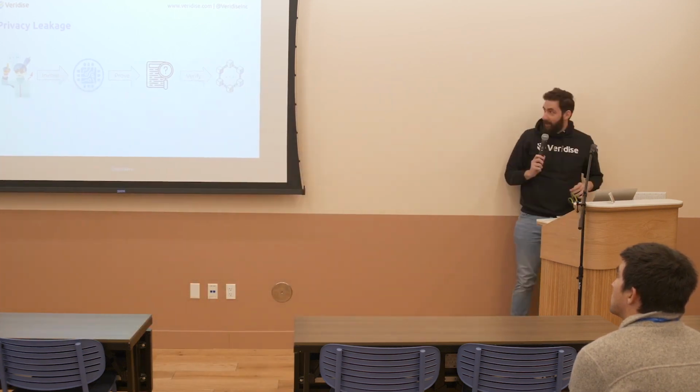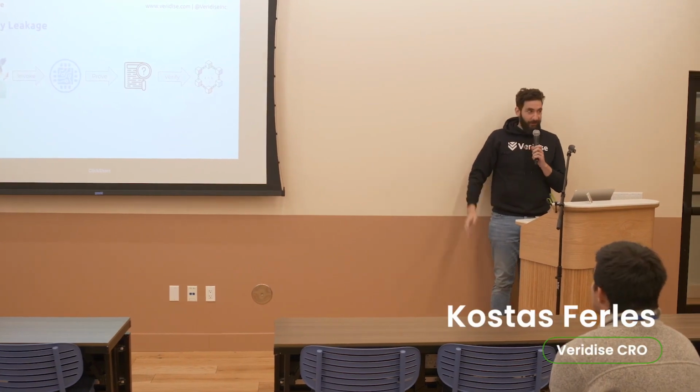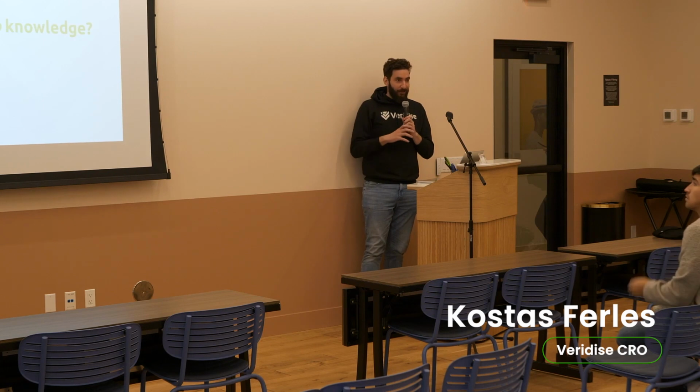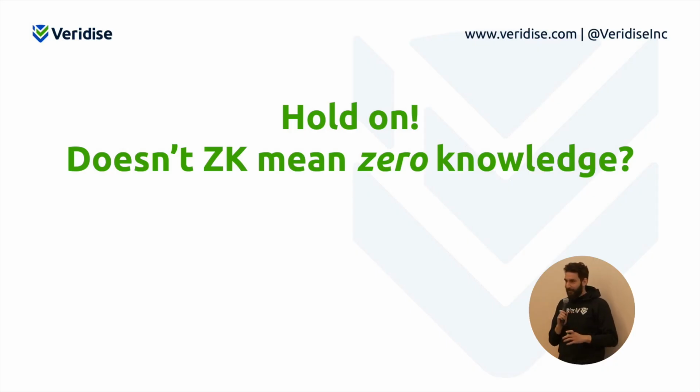All right, thank you, John. So as John mentioned, we're going to talk about privacy leakage, and since we are in an Aleo workshop, a natural question to ask is, doesn't zk mean zero knowledge? So where does the privacy leakage come from? If you were here yesterday, a lot of people talked about how things are private, and they were taking that for granted.